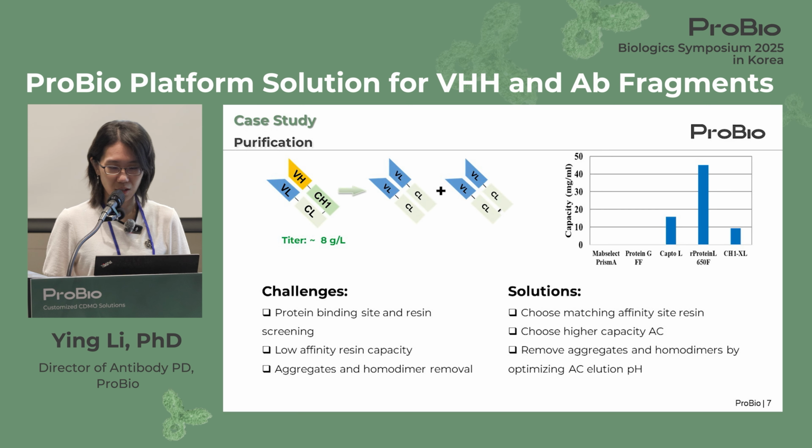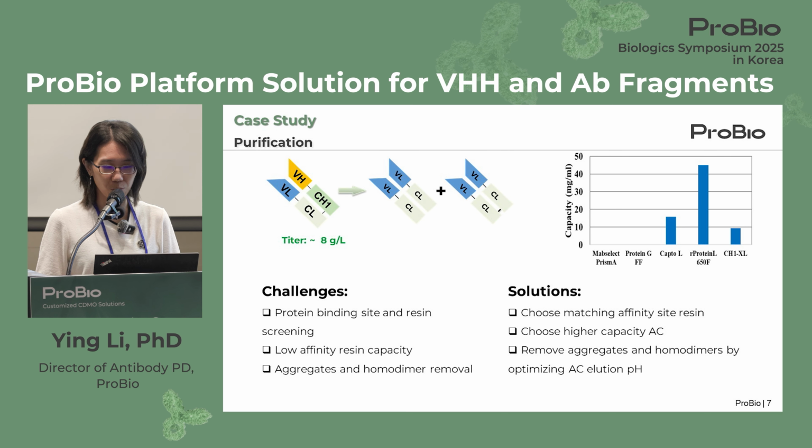So in this project and overall in this program for the Fab molecules, we actually screened different types of affinity resins, and at the end of the day identified the optimal resin for this project targeting the VL region, with much higher binding capacity compared with the rest of the resins, therefore successfully reducing the overall production cost for the downstream.